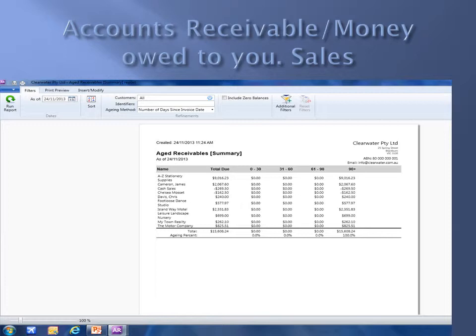And underneath that there's a Chelsea Mossad, an entry for minus $162.50. Again, this is wrong. These areas should be researched and cleared up, so that the accounts receivable summary only shows the amounts of money owing to you.